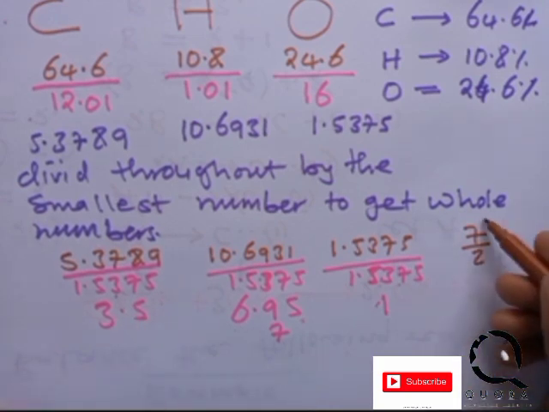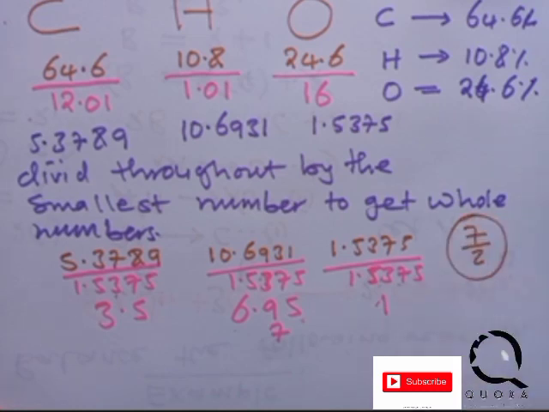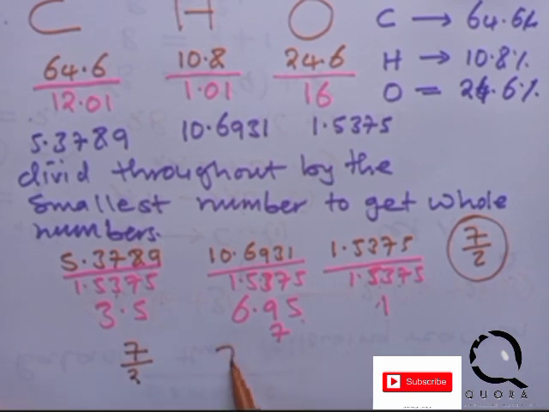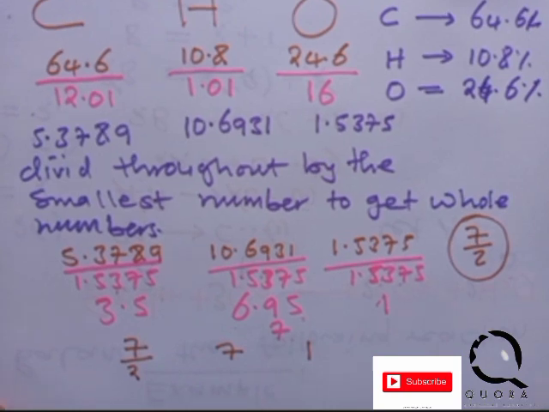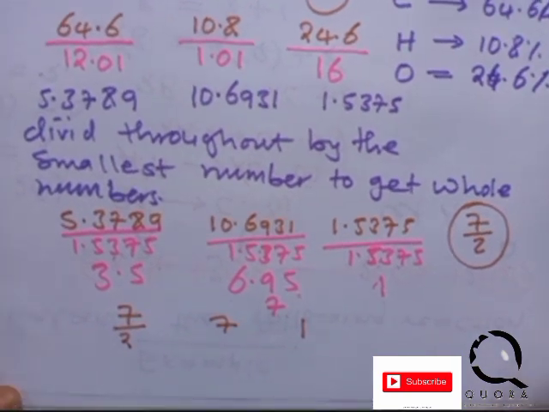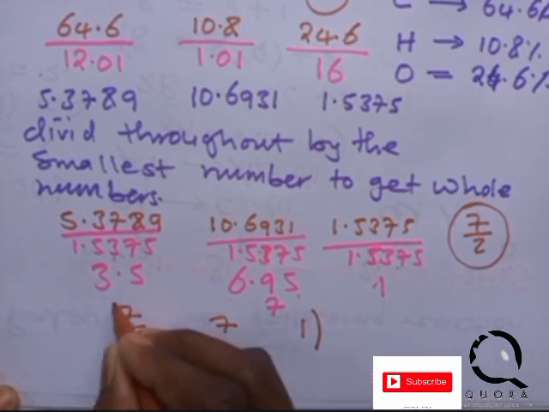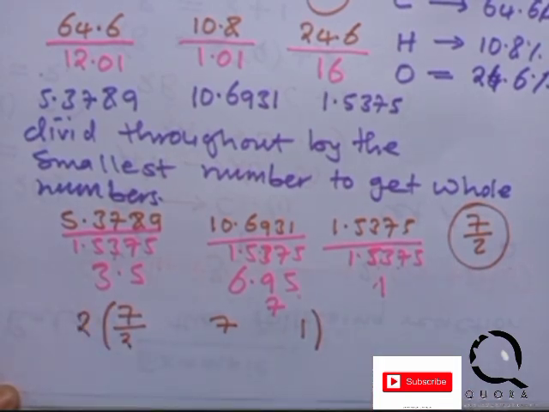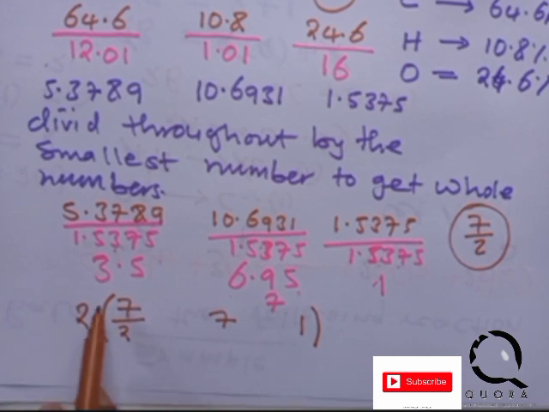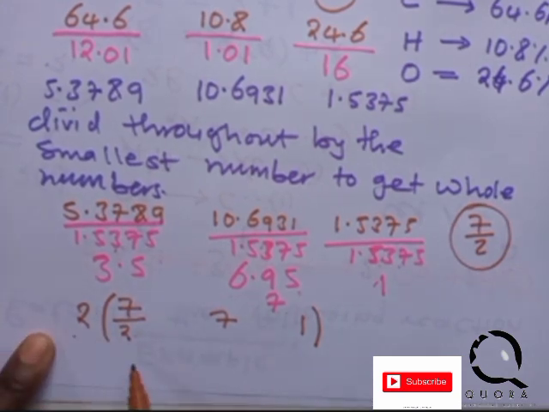To get rid of this fraction, I'll multiply throughout by 2. We are going to say 7 over 2. Here I'll write 7, at the end I'll write 1. What I mean when I say we multiply throughout by 2 is this: 2 multiplied by 7 over 2, the 2s are going to cancel, and you are going to have 7.